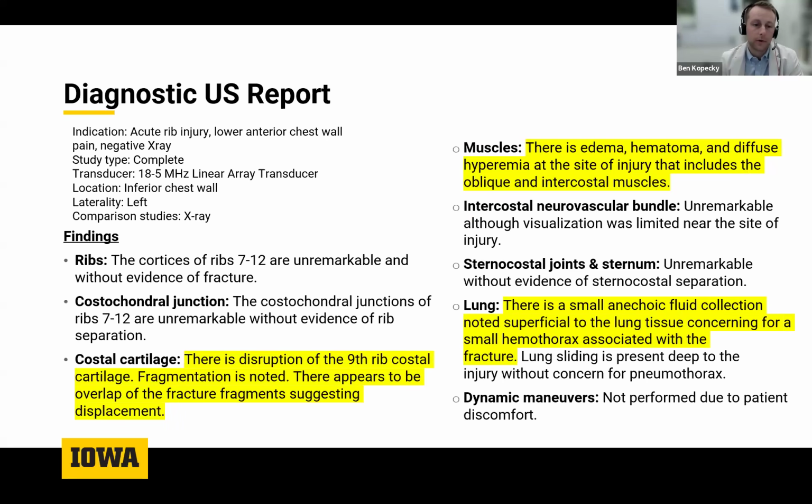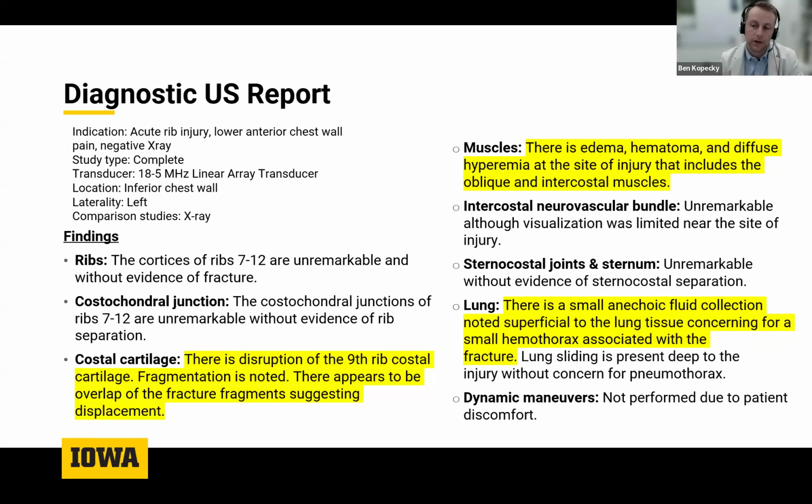So getting to our diagnostic report, certainly the goal should be to answer the clinical question if possible, which in our case was looking for a pain generator in an athlete with anterior chest wall pain who had a negative x-ray. So in writing the report, we took the approach of a list format to keep things organized, and we will touch on the pertinent positives here that are highlighted.